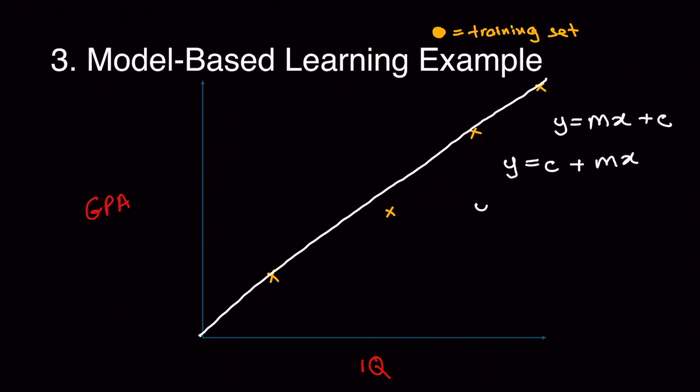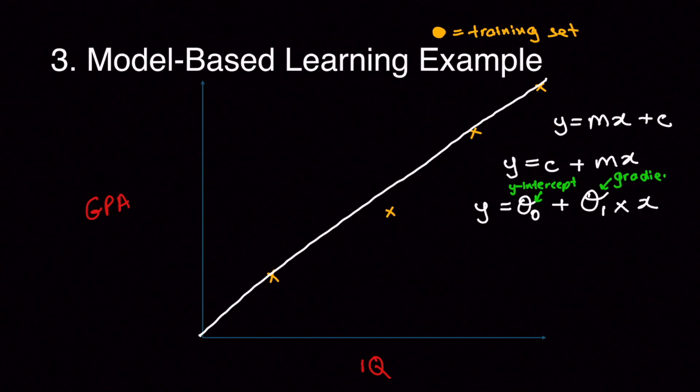So you get y equals theta 0, which would correspond to the c or the y-intercept, plus theta 1 times x. So again, this would be the y-intercept, this would be the gradient, and of course the x and y values are whatever you have been given.